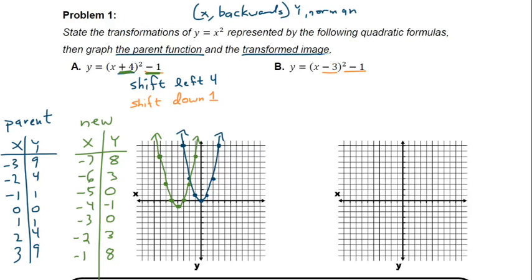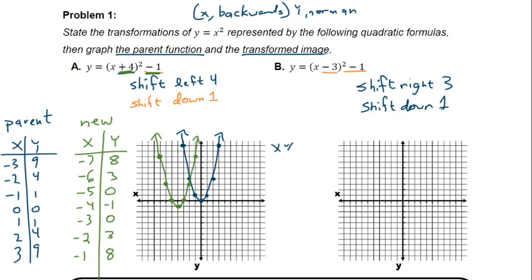So this is a shift to the right 3, not to the left. And again, it's a shift down 1.